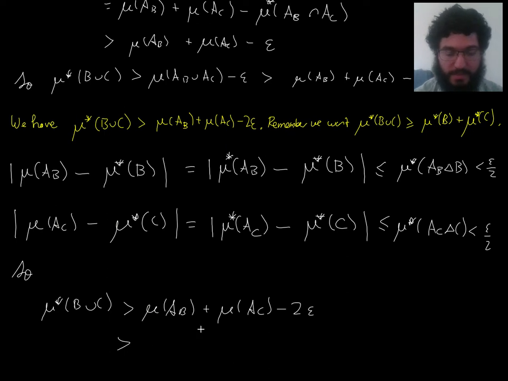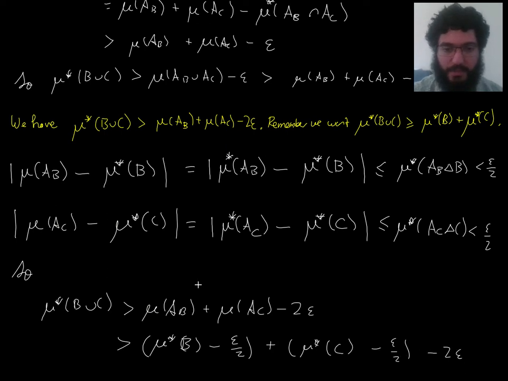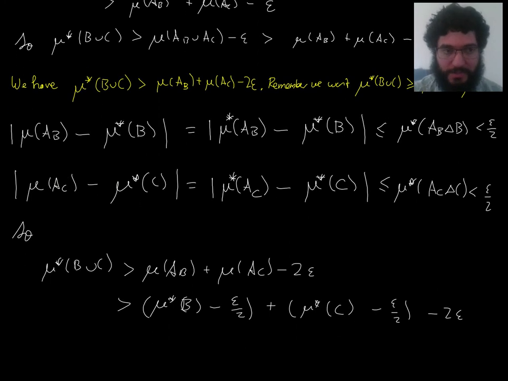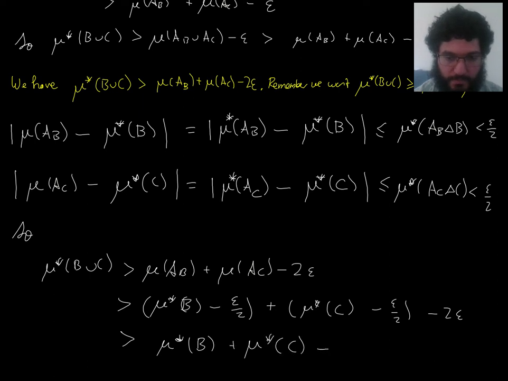Then mu of AB is inside that epsilon over 2 radius window, centered at mu star B. So mu of AB is greater than mu star B minus epsilon over 2, and mu of AC is greater than mu star C minus epsilon over 2. And I pay an epsilon over 2 for each replacement here, and so overall I've paid another epsilon. And I have a 3 epsilon here.